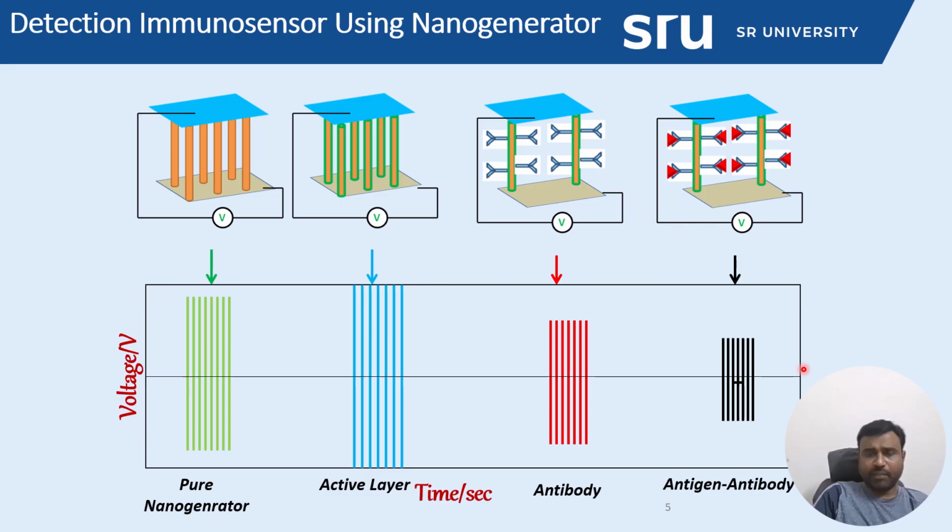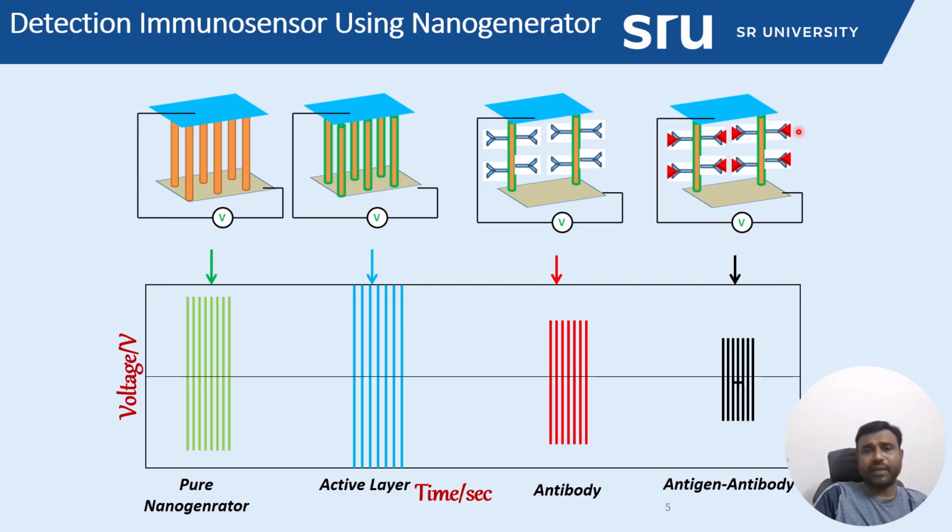So here the concentration can be easily monitored or correlated directly with the output voltage from the nanogenerator device. If the output voltage is similar to here, it means there is no reaction. For example, as I already told, the antigen antibody reaction is a highly specific reaction. So when mixing a sample like a blood sample or urine sample containing different antigens, if it has the specific antigen, it will bind.